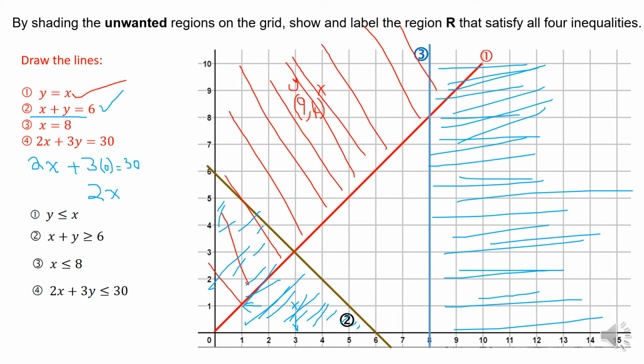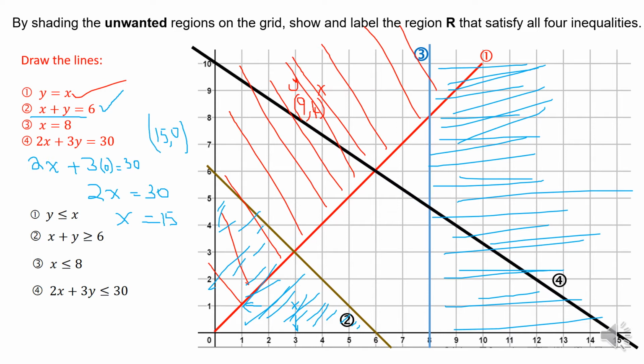If you solve 2x equals 30, you realize that x is equal to 15. So the point that you are going to draw is the point (15, 0), which is way down here on the x-axis. Once you have that, you just draw that line.